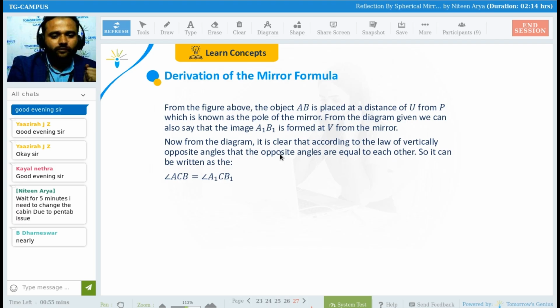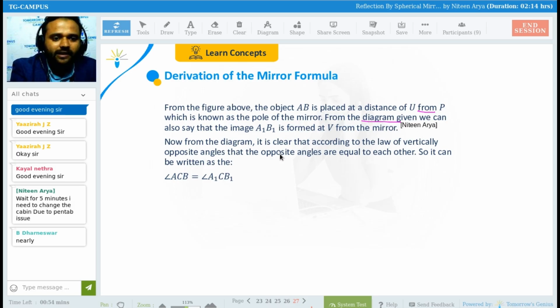So from the figure above, meaning the previous figure. One thing I tell you at the beginning of this derivation: it is going to be a little bit boring or more theoretical, but it is necessary for your class 12 also. So from the figure above, the object AB is placed at a distance u from P, which is known as the pole of the mirror.